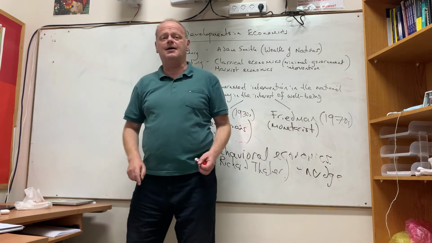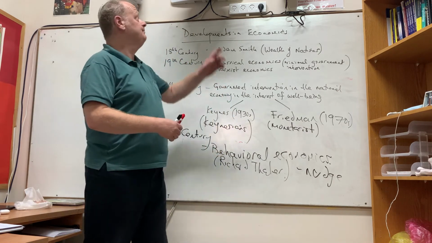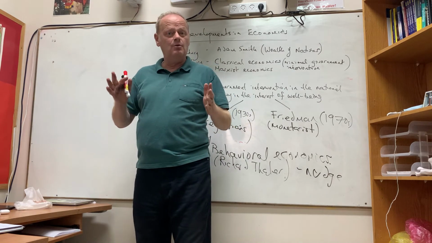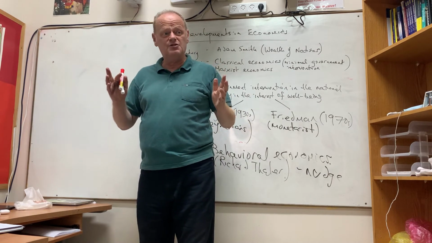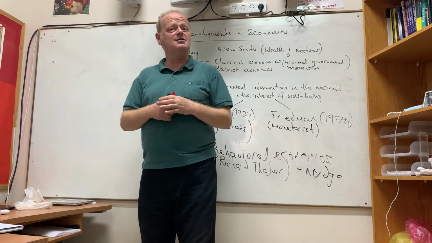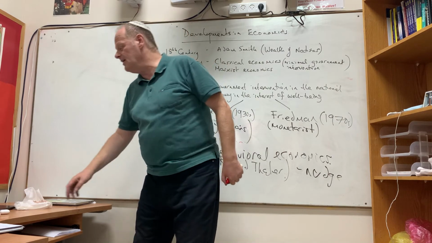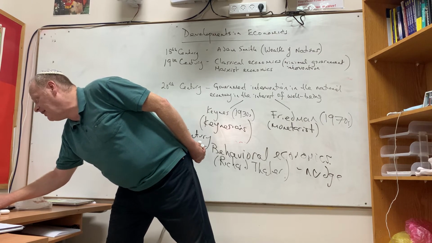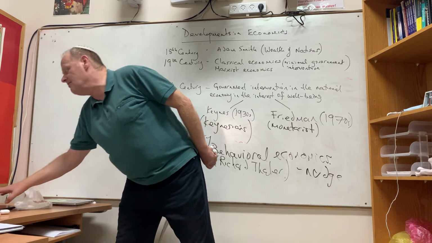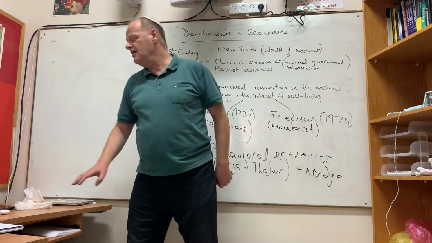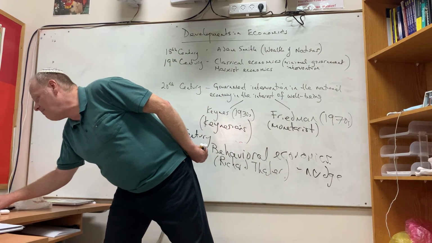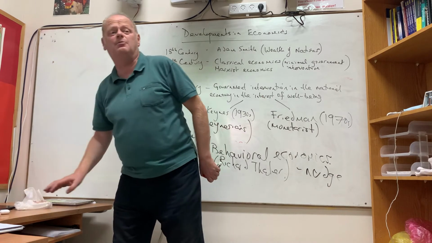Adam Smith's idea, which was that people and governments and everybody else make rational economic decisions, is not particularly backed up by reality. However, and this is the important point, even if they're not backed up by reality, right, there are patterns in the way that people behave.